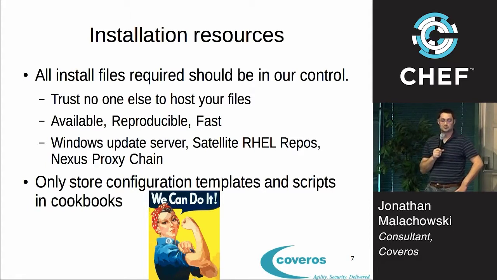So if you use the same rules you'd use for Git, large binary files don't belong there. They should go to Nexus, and you should basically only store diffable, manageable text files, templates, and simple scripts directly in the cookbooks.